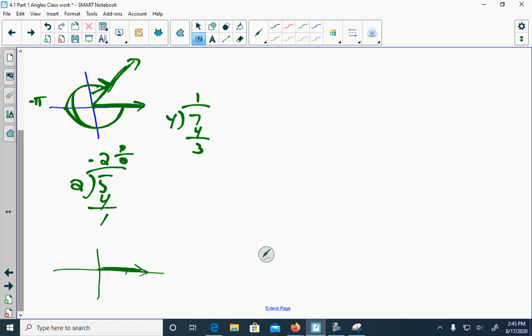Negative 2 means that I go all the way around my unit circle, all the way around. And then I go 1/2 more. So here's 1/2 more. So the terminal side is actually going to be that negative y-axis. And then to show the angle of rotation, I'm going to have my arrow go that way because I started here and went clockwise. So I dropped down, and that would be my angle in standard position.